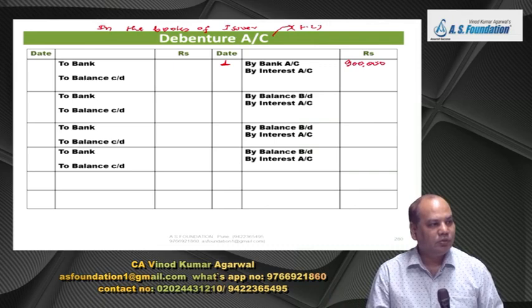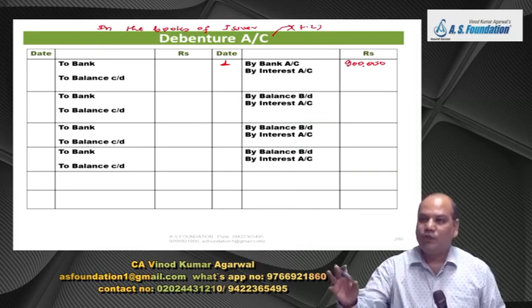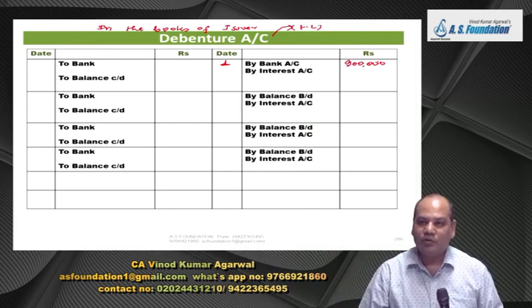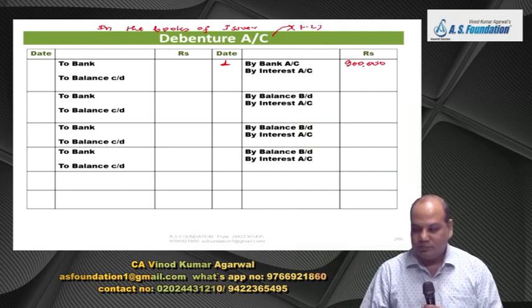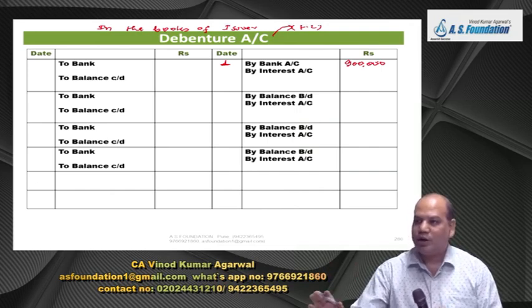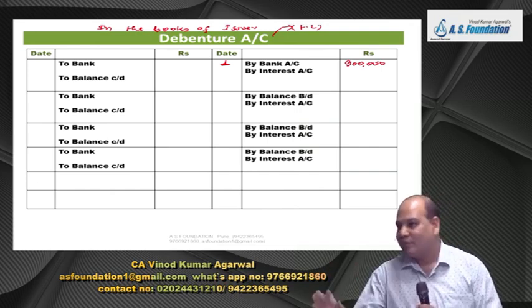Why 9 lakh? Why not 10 lakh? Issued at a discount. So how much you received? 9 lakh only. What about the entry for discount on issue of debenture? That we will not pass. That has already got adjusted in this. That account will not get created in this chapter. Okay. Is it right?